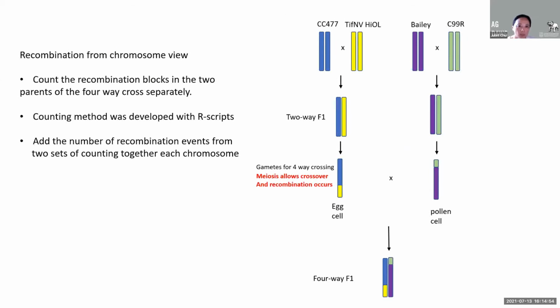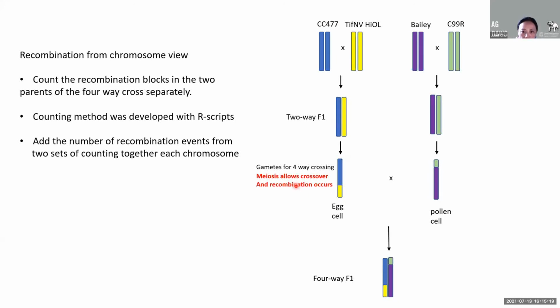When we think about this on a broader scale, looking at recombination across a chromosome: in the beginning, the two-way hybridization merges the divergent parents into one F1 individual. Then our first round of genome shuffling occurred during the formation of the gametes for the four-way crossing.